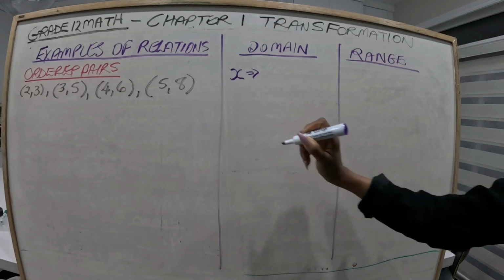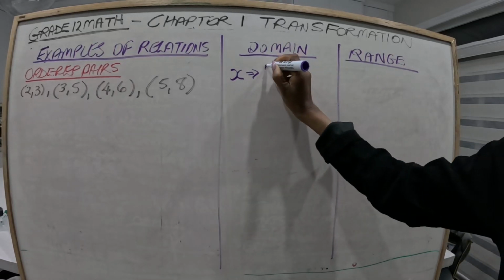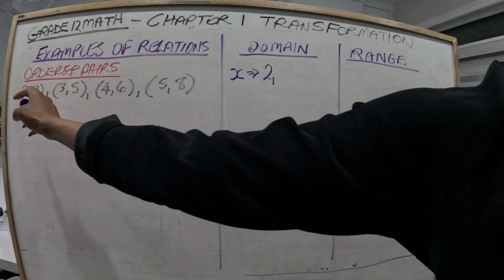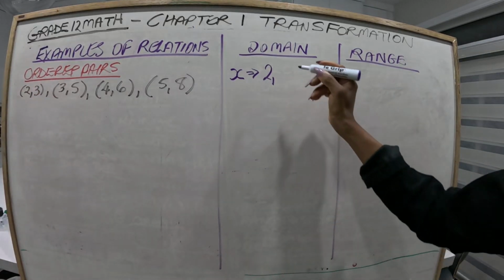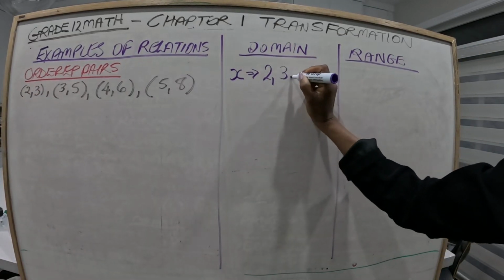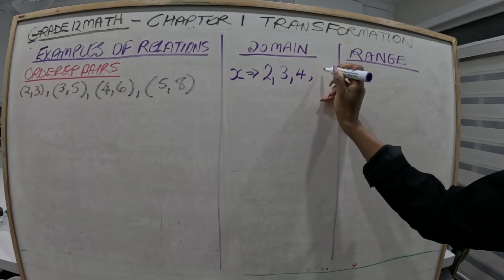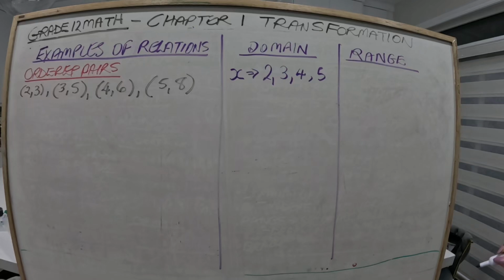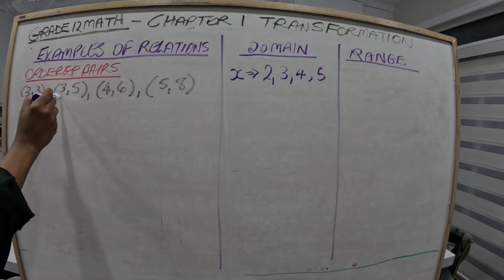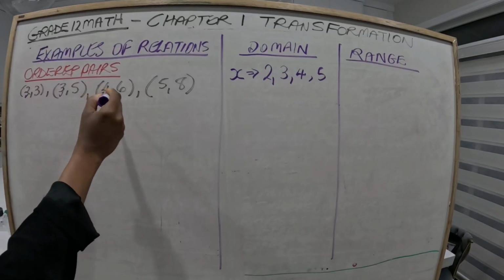The easiest way to say it, they are 2, right? That's 2 over here. Then 3, 4, and 5. Okay, you see that? So 2, 3, 4, and 5.